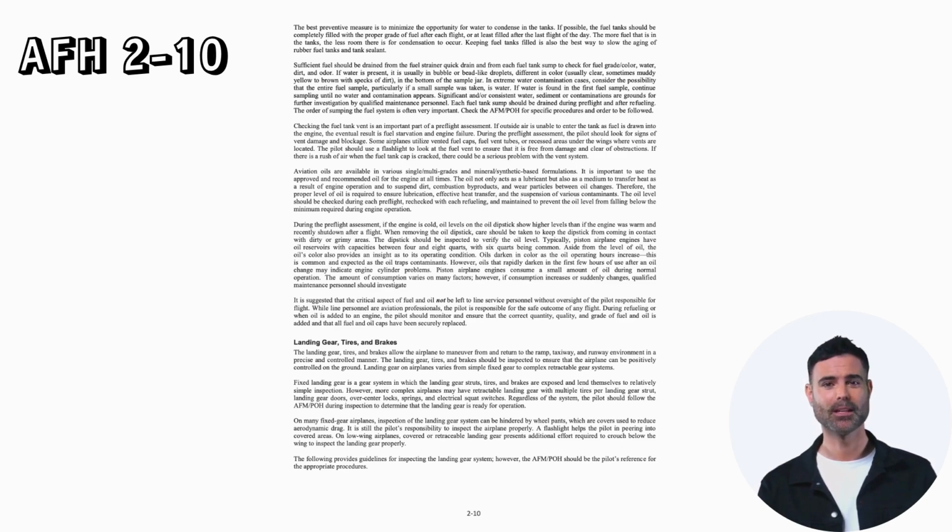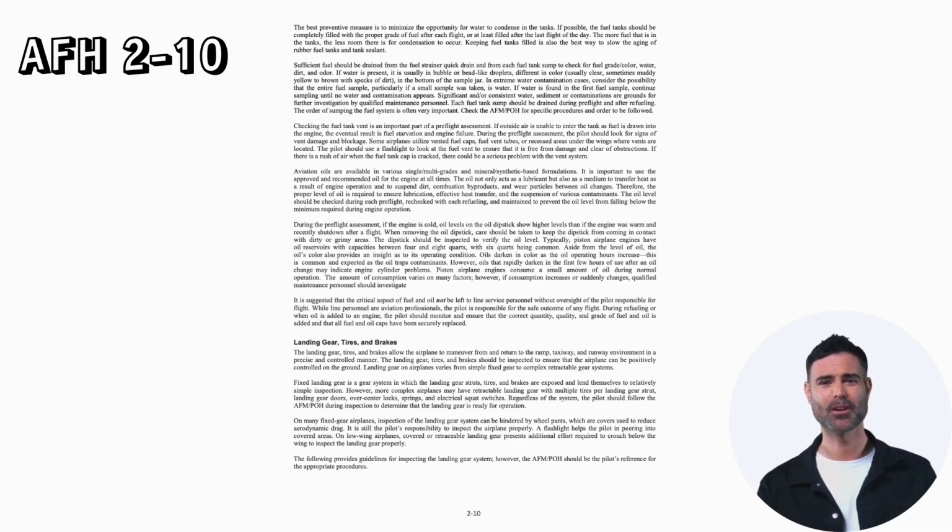In extreme water contamination cases, consider the possibility that the entire fuel sample, particularly if a small sample was taken, is water. If water is found in the first fuel sample, continue sampling until no water and contamination appears. Significant and/or consistent water, sediment, or contaminations are grounds for further investigation by qualified maintenance personnel.